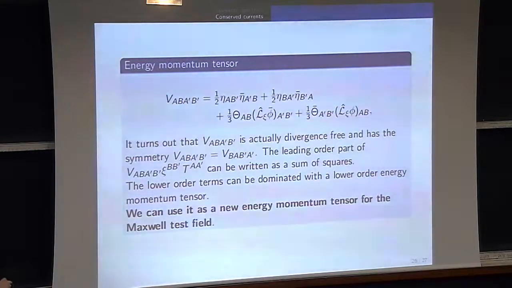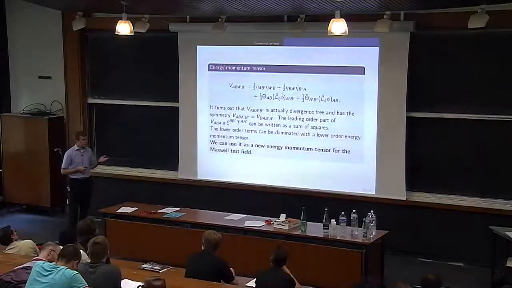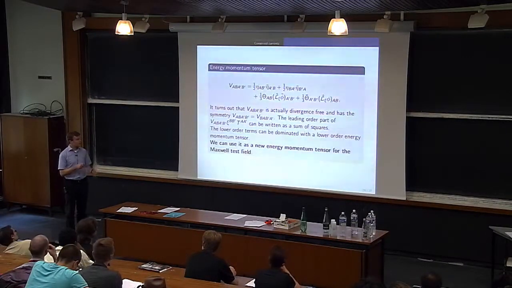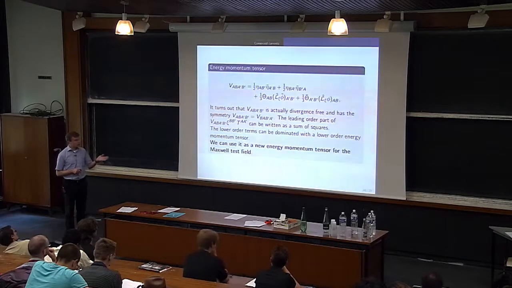But that can actually be done. So if we sum all this up, we see that we can actually use this V as a new energy momentum tensor for the Maxwell field. And this is of first order times first order.